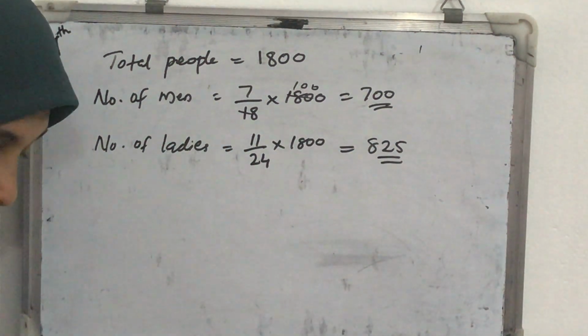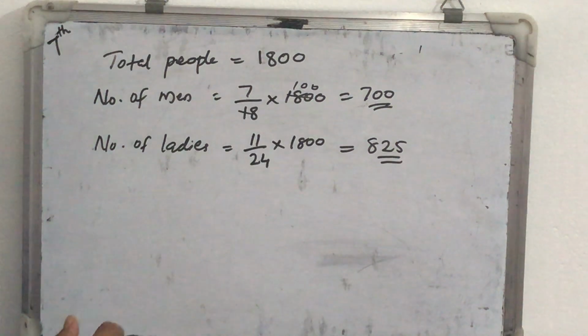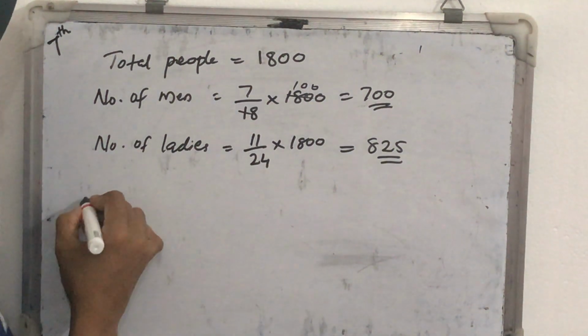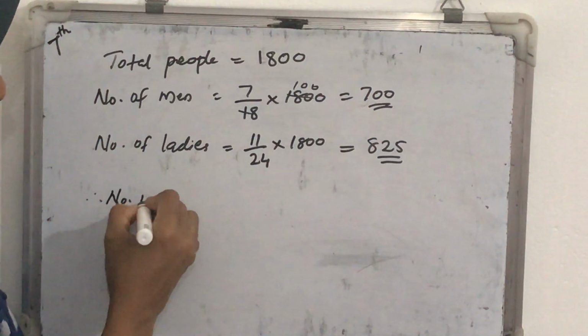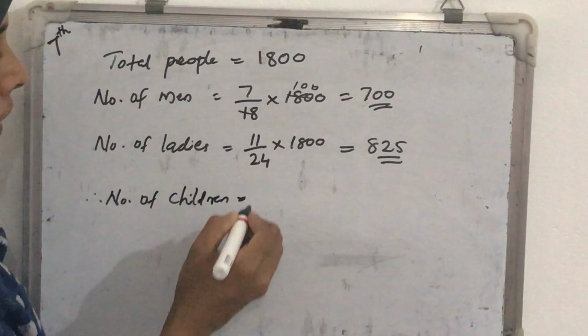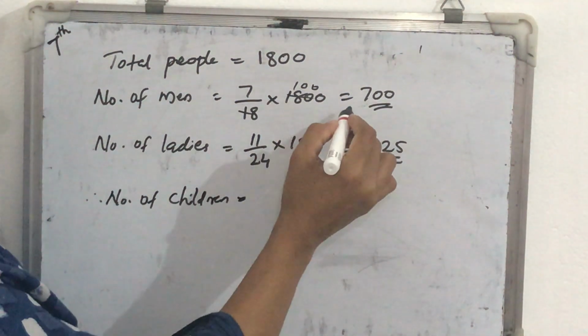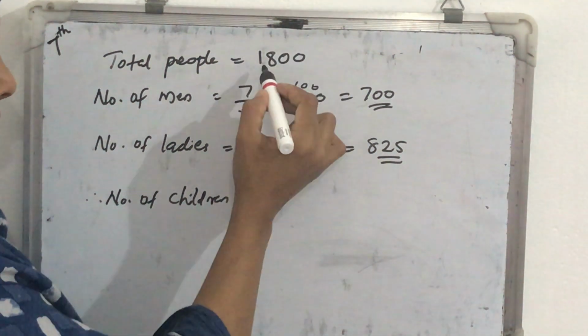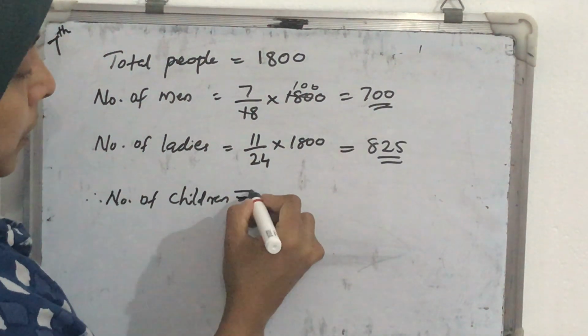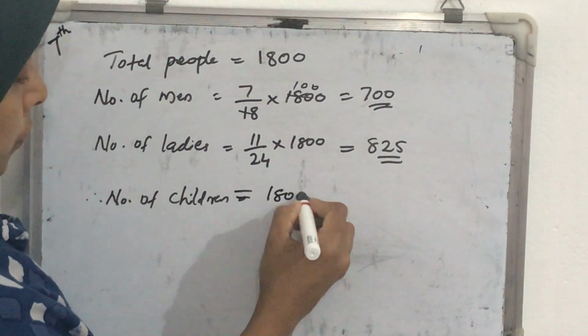What we want to find out is the number of children. Therefore, the number of children equals the total, 1800, minus the sum of these two; the remaining will be the number of children.